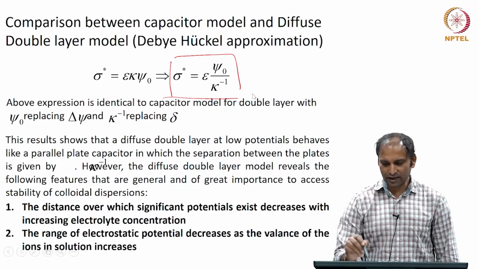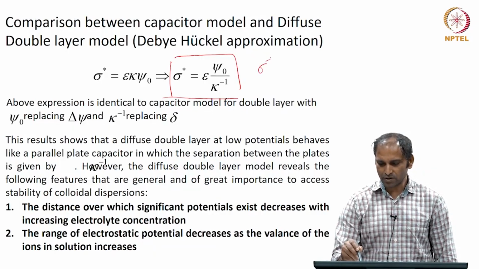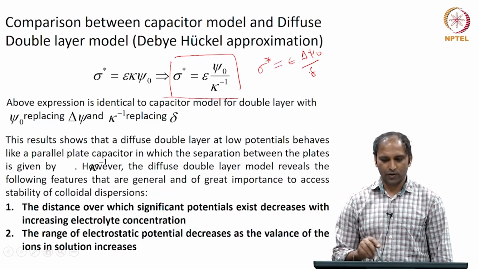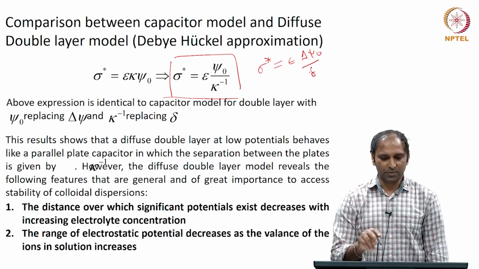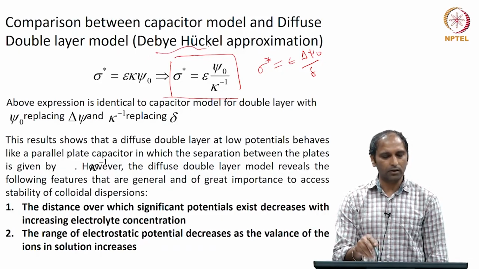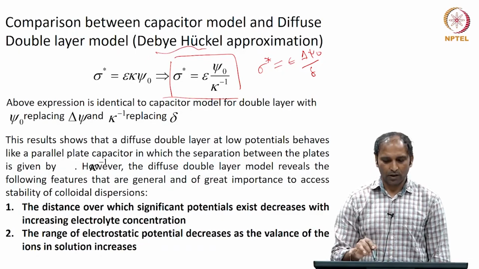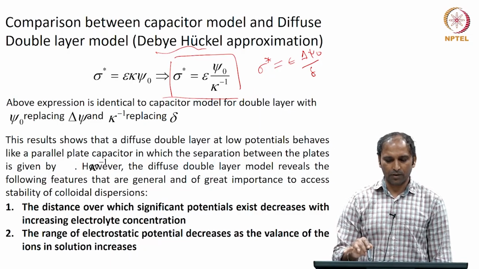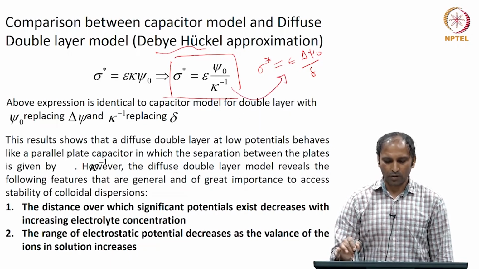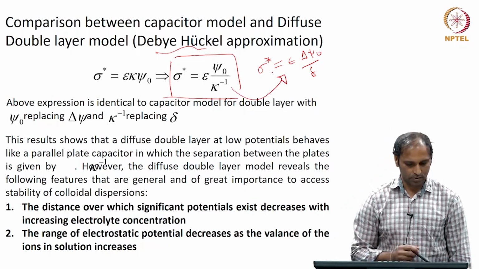And if you look at the capacitor model, the expression was sigma star is equal to epsilon delta psi naught divided by delta. So, we are able to express sigma star obtained from the Debye-Huckel approximation in an equation which is analogous to the capacitor model.